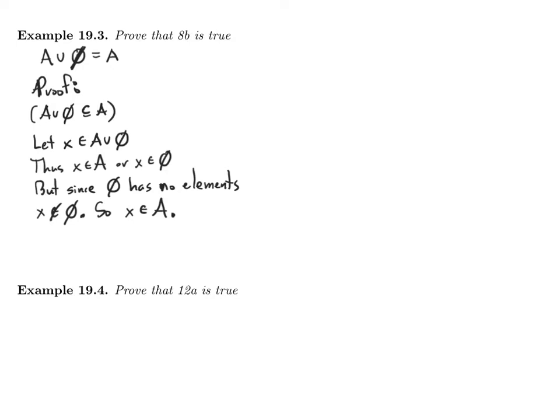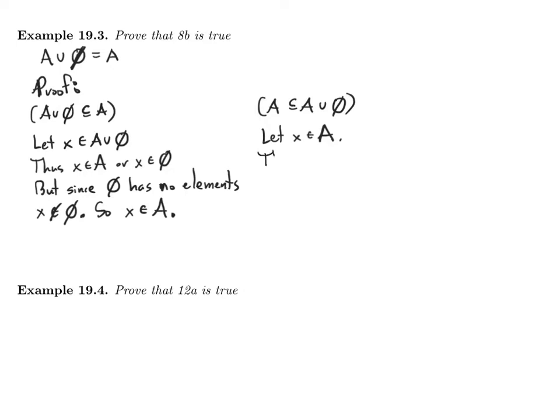Let's do it the other way around. Let's show that A is a subset of A union the empty set. This one is very easy. So let X be an element of A. And just like from the previous video, since X is in A, X is going to be in A union whatever.